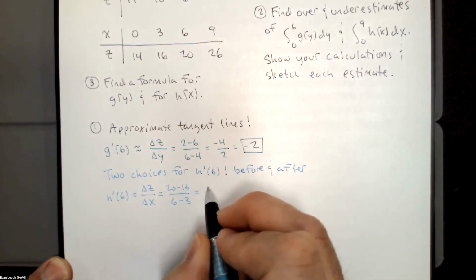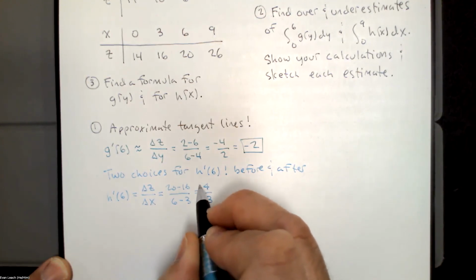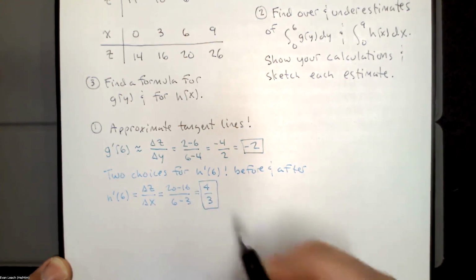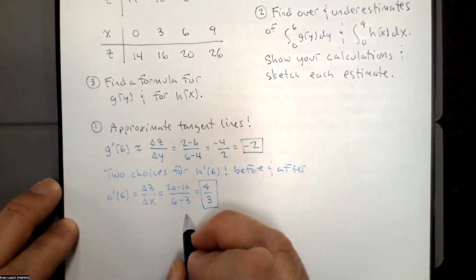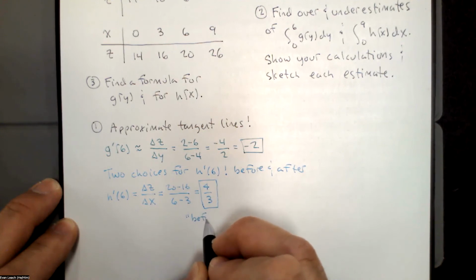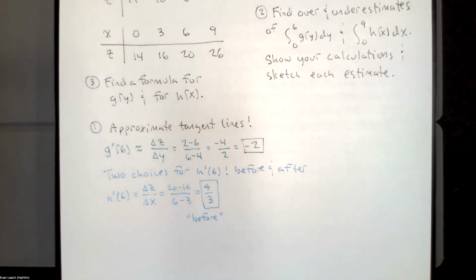So 20 minus 16 is 4, 6 minus 3 is 3. That's what I'm referring to as before. That was a slope using the information before 6. That's not official terminology. That's just local terminology that we're using so we can picture.